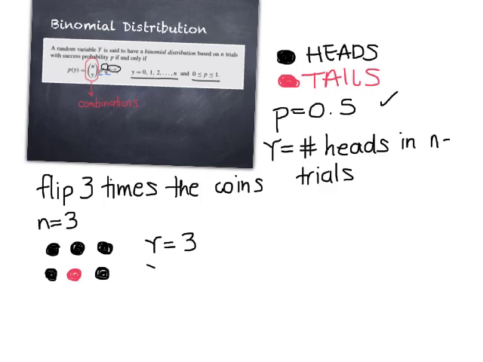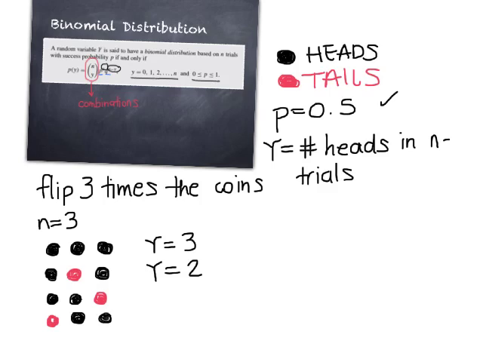So in this case, y equals 2, because you have 2 heads in 3 trials. But this y equals 2 could also happen if we have head, head, and then tails. Or if you have first the head, then the tails, and then head.